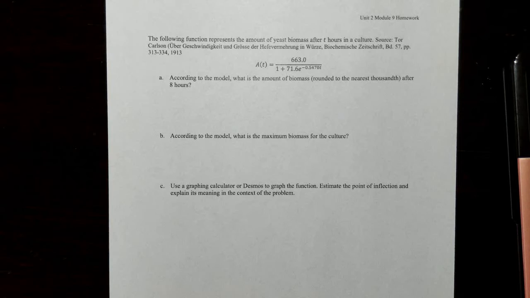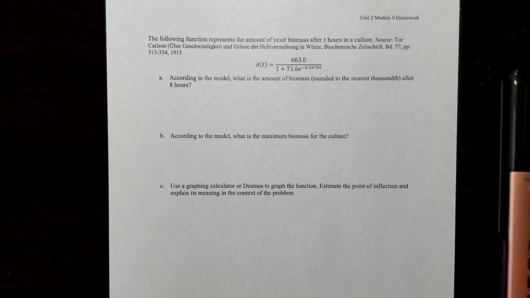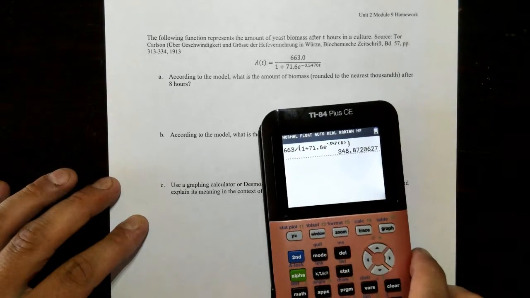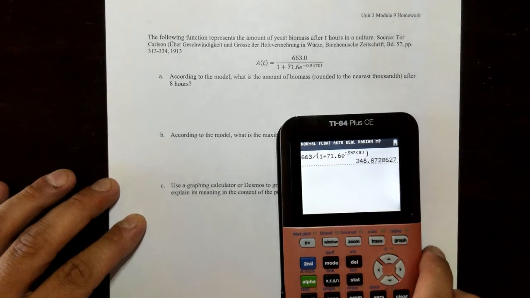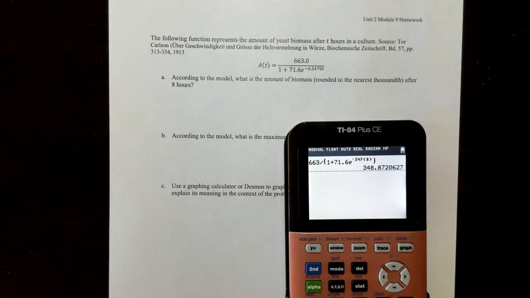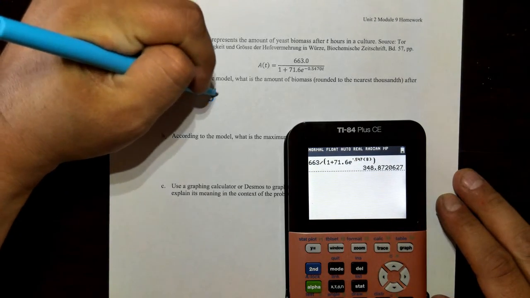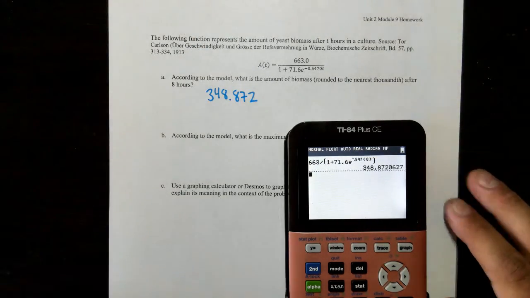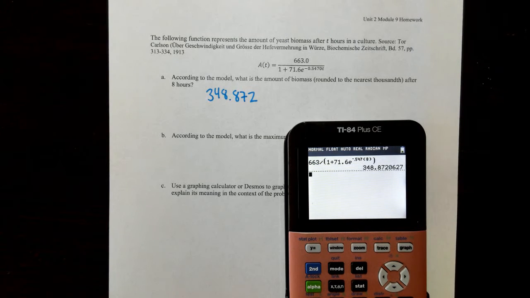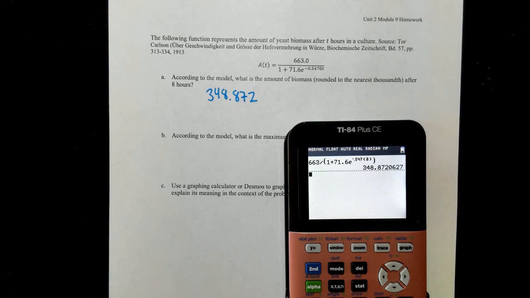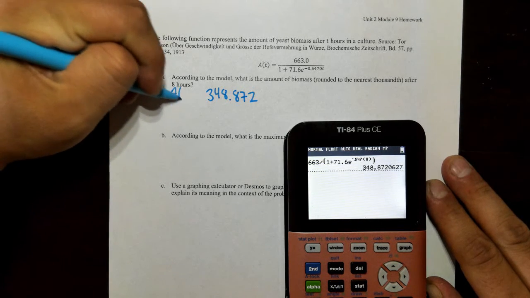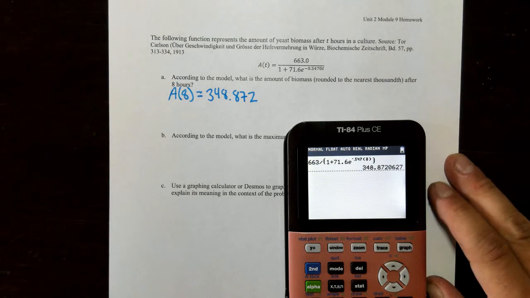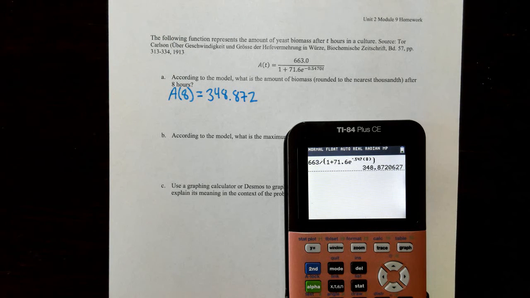Well, all we need to do is plug in 8 in for T. I plugged it into my calculator, and after plugging it in, I got 348.872. So that would be the biomass after 8 hours, or I guess I should say A of 8 equals 348.872.